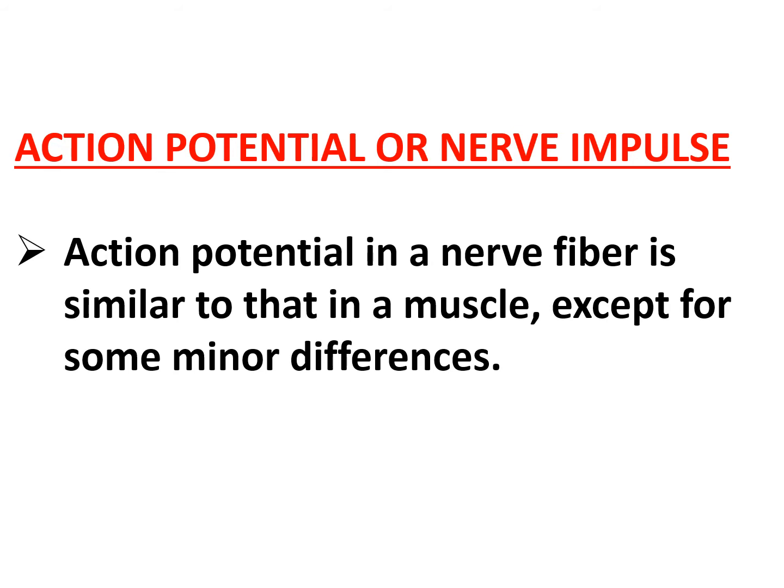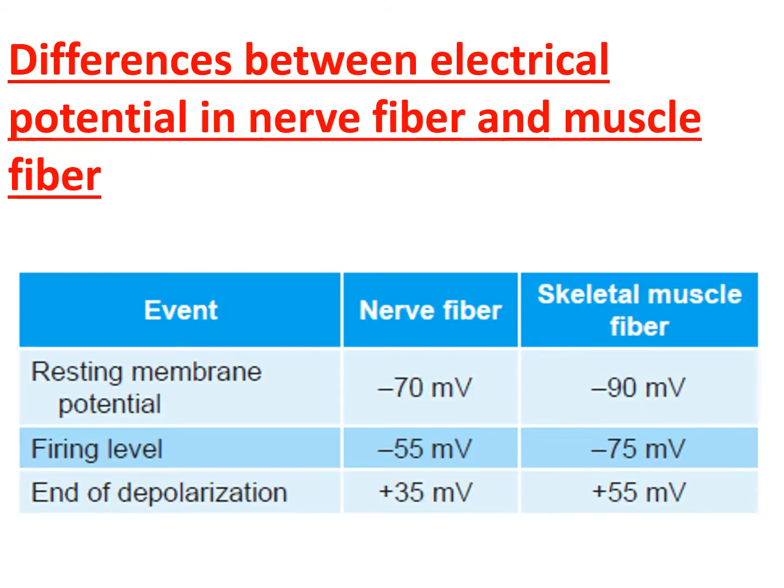Now we discuss the action potential or nerve impulse. Action potential in a nerve fiber is similar to that in a muscle except for some minor differences. What are the differences between the potential in nerve fiber and muscle fiber? Resting membrane potential in nerve fiber is about minus 70 millivolt, and in skeletal muscle fiber about minus 90 millivolt.